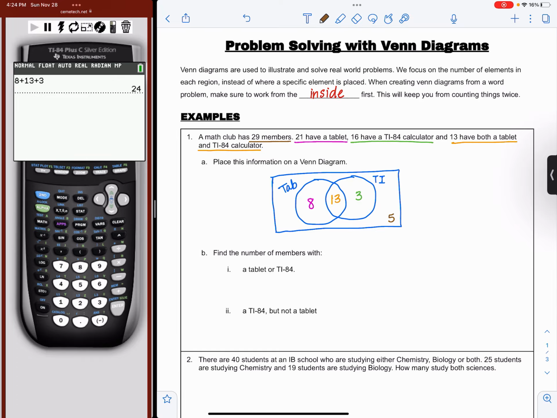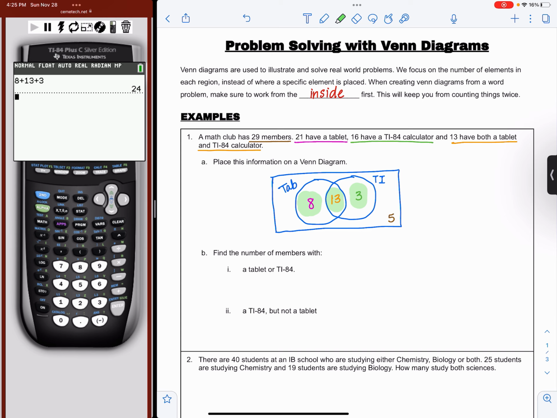So part B, it says, find the number of members with a tablet or a TI-84. So I have 8 people with a tablet only, 13 people with both a tablet and a TI-84, and 3 people with a TI-84 calculator only.